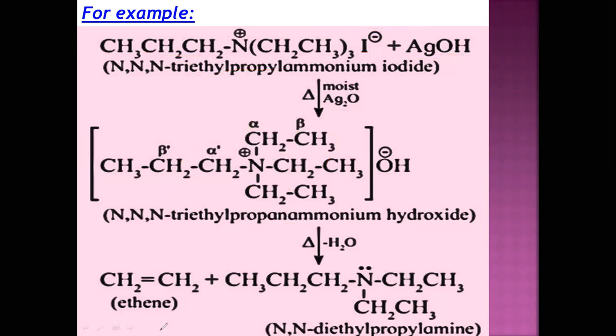So that's why our product is obtained as ethene as a major product, along with N,N-diethyl propyl amine. This is called the Hofmann's elimination reaction.